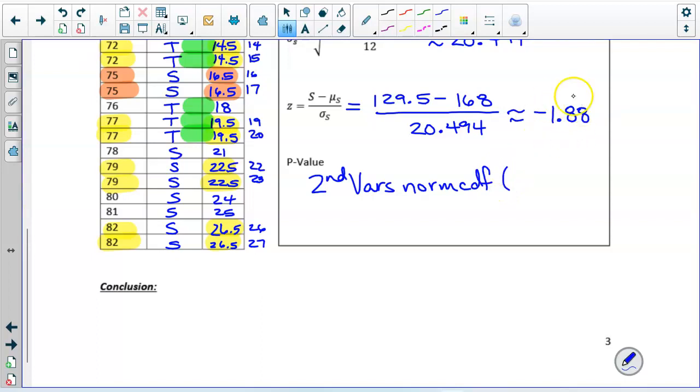And this is negative, right? So I'm going to keep that lower bound as negative 10 to the 99th power, then negative 1.88, then 0, then 1. And you get a value of 0.005, right?